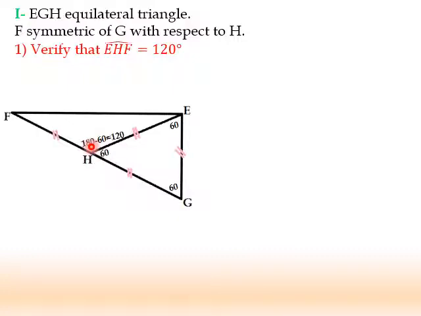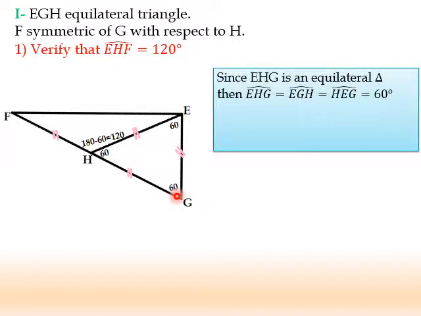To think correctly, here we have EHG, an equilateral triangle, so each of these angles is equal to 60 degrees. Here we have EHG equals EGH equals GEH equals 60 degrees. Okay, then what about this angle EHF?